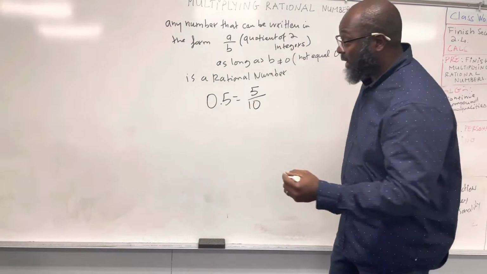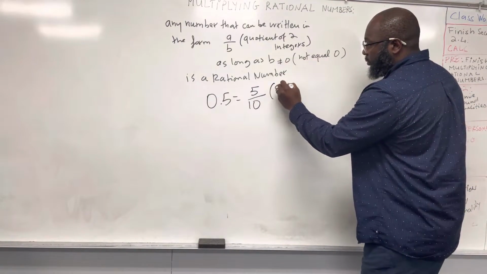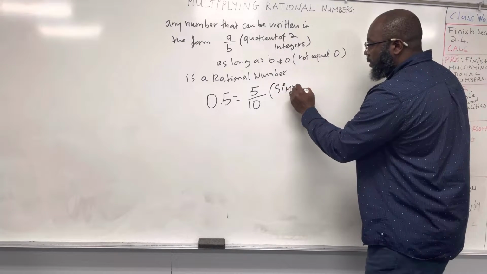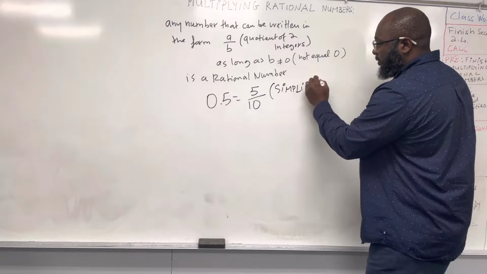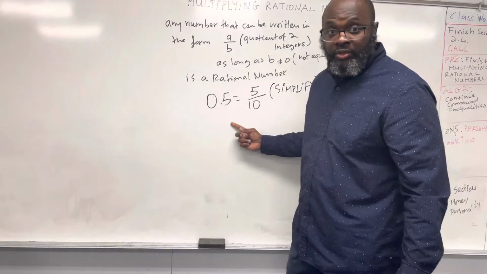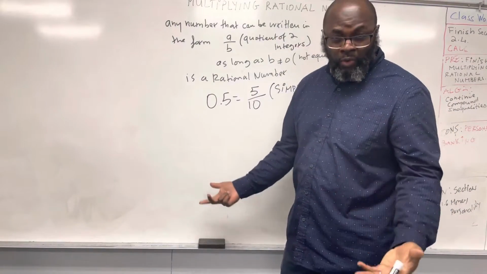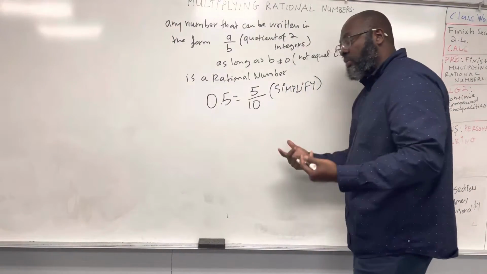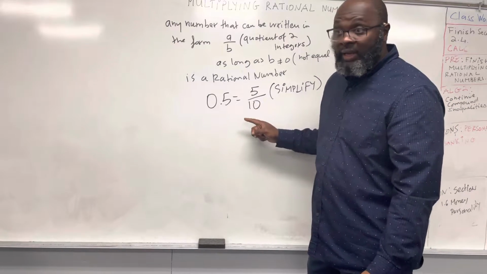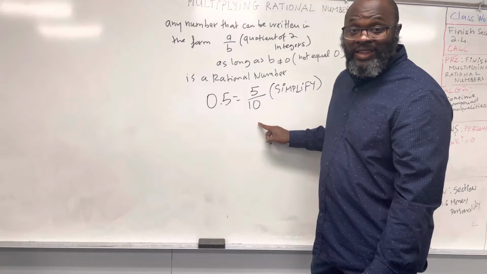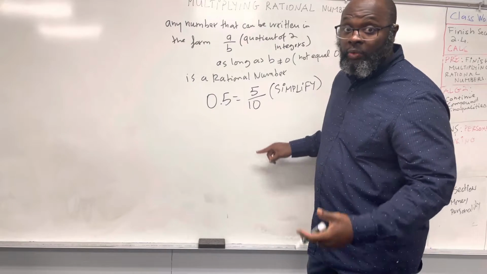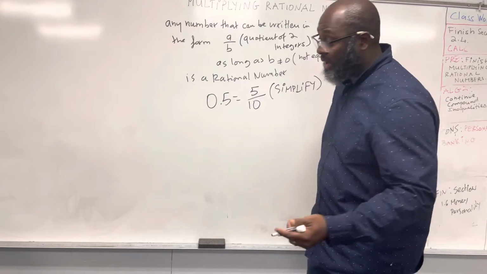We have to simplify. Meaning, the meaning of simplifying is you want to put these terms in their lowest form, okay? So now how do you do that? You need to find a number that divides both 10 and 5 at the same time. And we call that number the GCF.